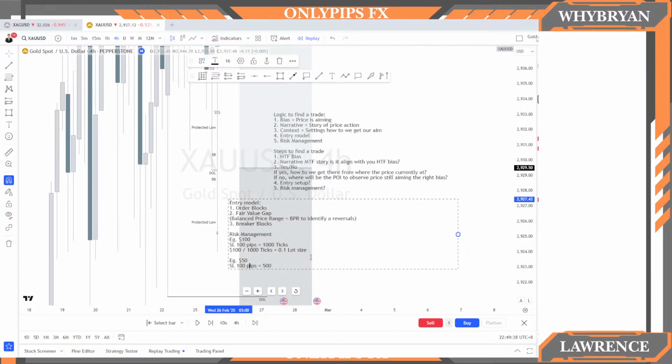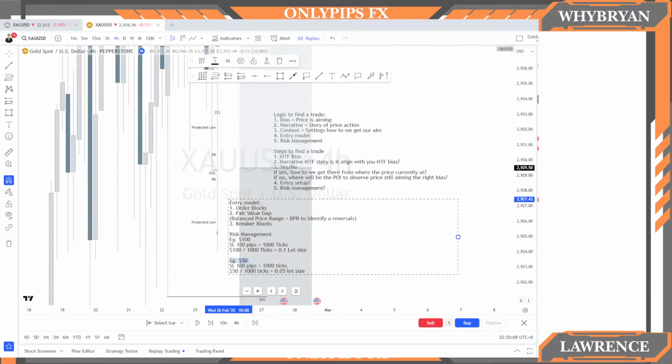100 pips equals to 1000 ticks. So you take your $50, divide by 1000 ticks equals to 0.05 lot size. If you place 0.05 after hitting your SL 100 pips, how much will you lose?